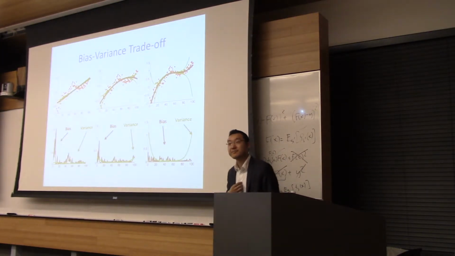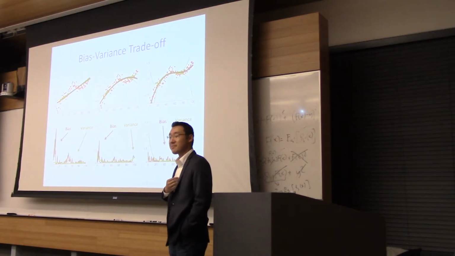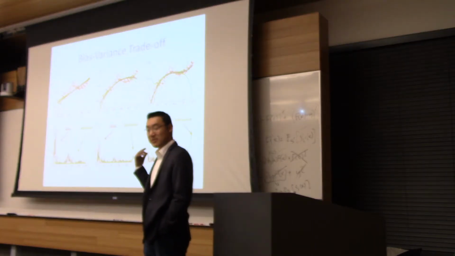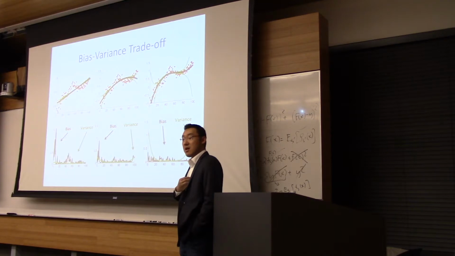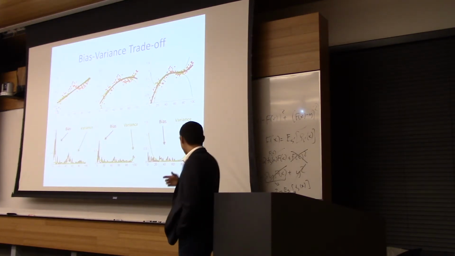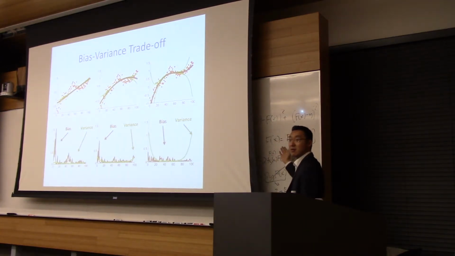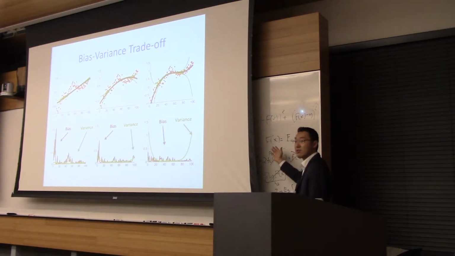Is this trade-off independent of your choice of loss function? It is dependent. I showed this with squared loss for a reason: the formula I gave you decoupled everything, and it only depends on your function class.